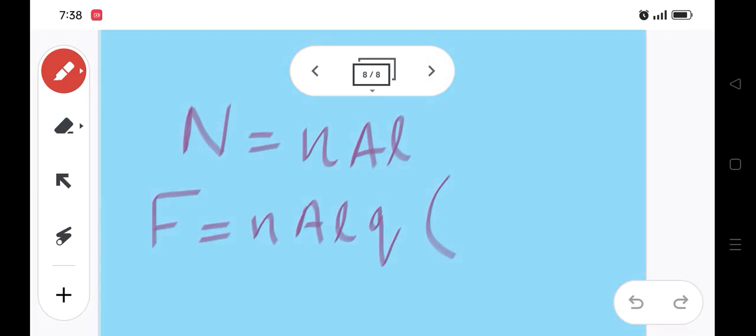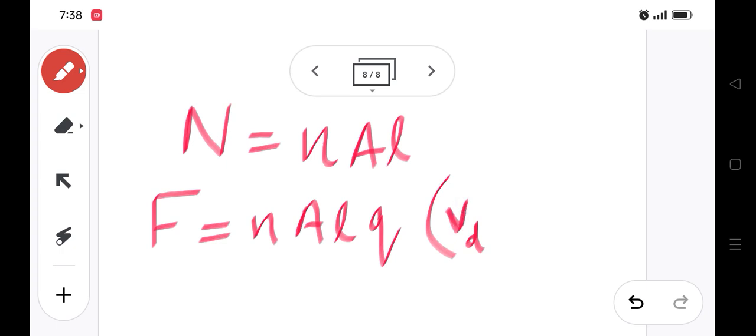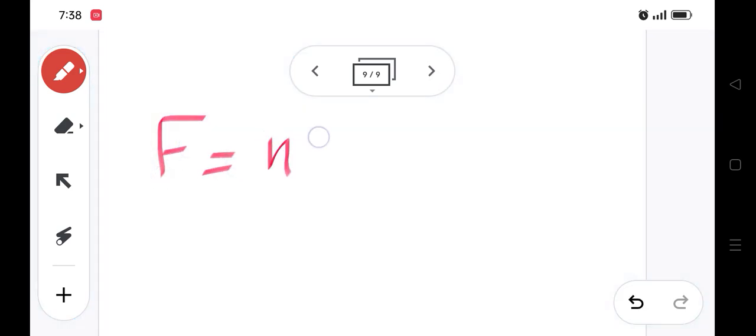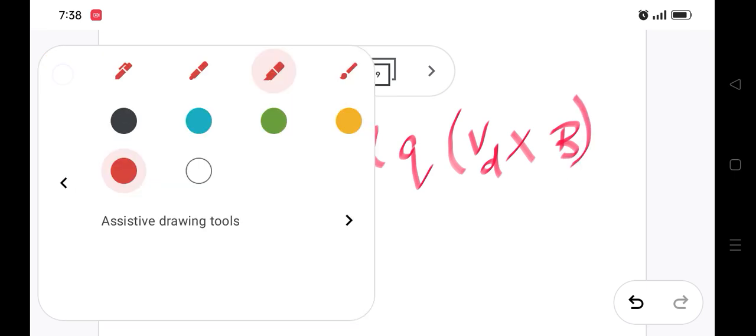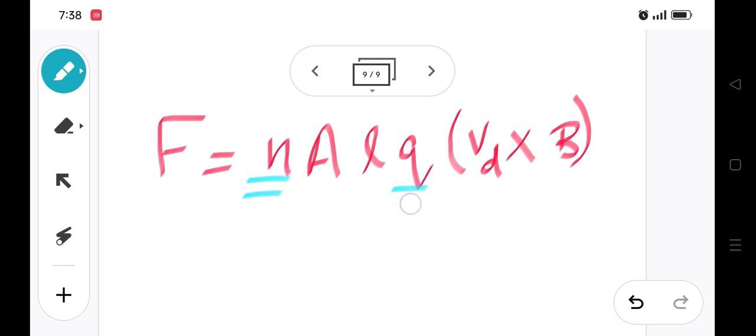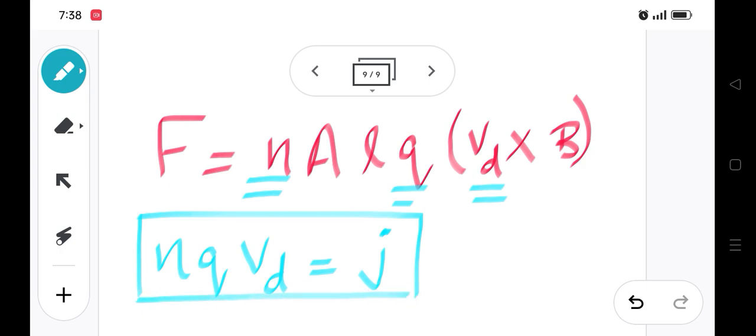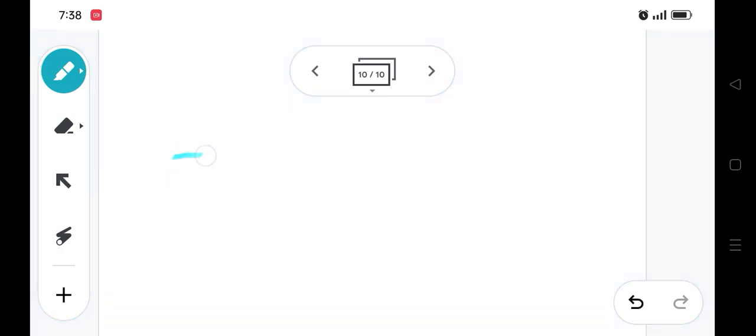So the velocity is the drift velocity, Vd cross B. Now F equals n into A into L into Q into Vd cross B. Now we have to look at these values: n, Q and Vd. nQVd is equal to J, that is the current density. So instead of nQVd, we can write J.